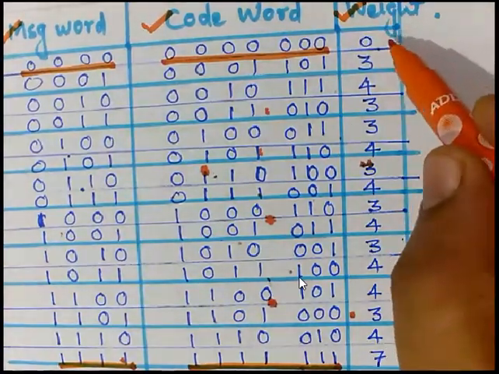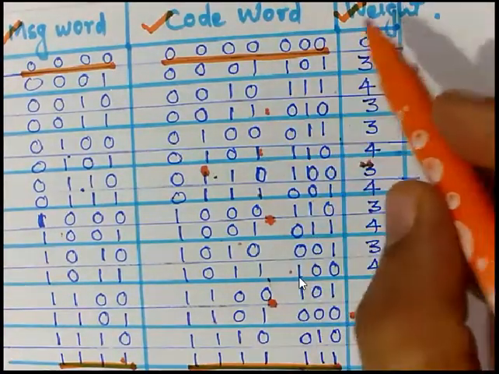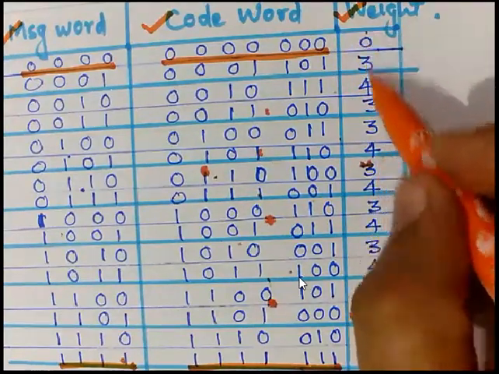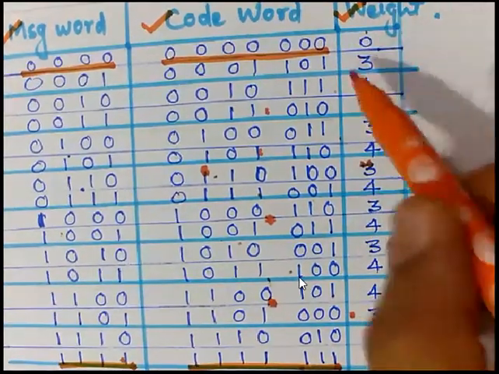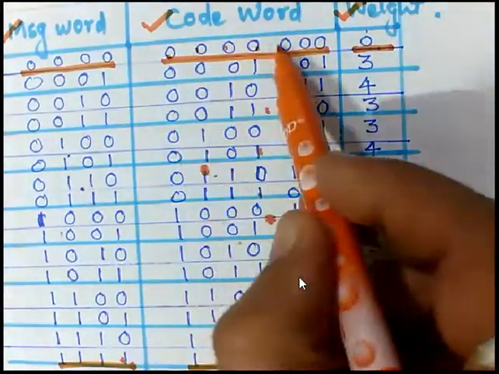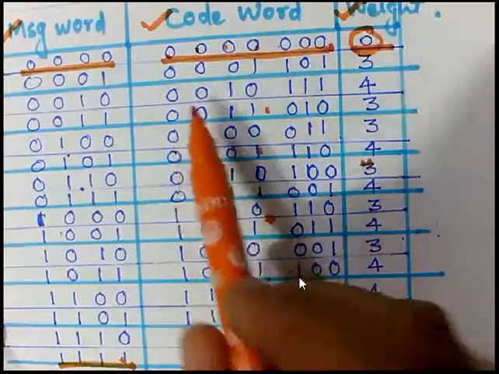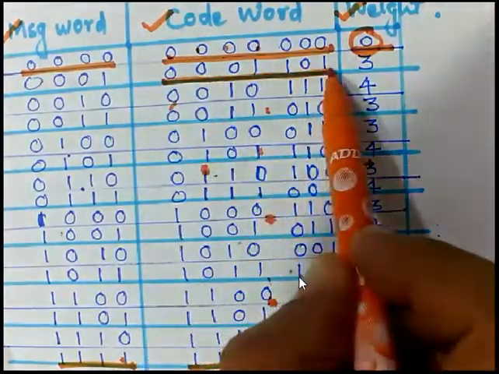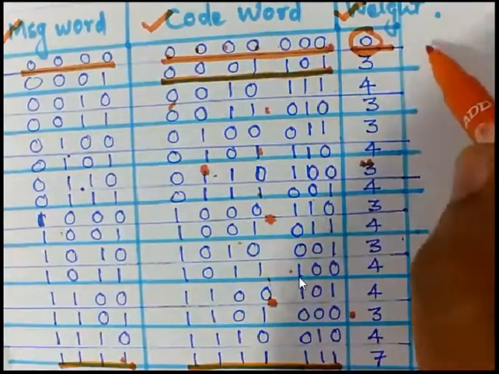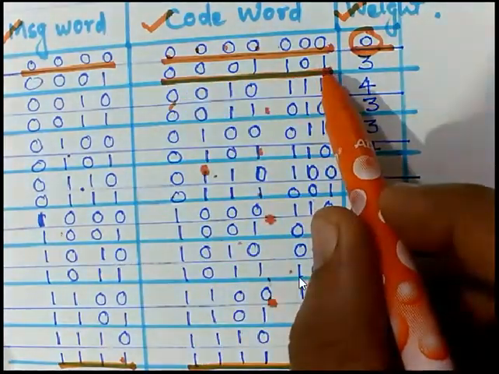Here the weight is provided based on the number of non-zero values present in the code word. Let's look at how exactly the weight is prepared. For the very first case, when no non-zero component is present, the weight will be 0. Similarly, for the second case, the code word is obtained with the expression C is equal to D into G. So these 7 bits are generated.